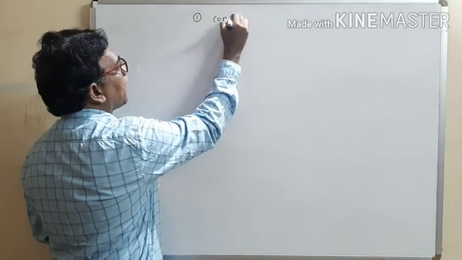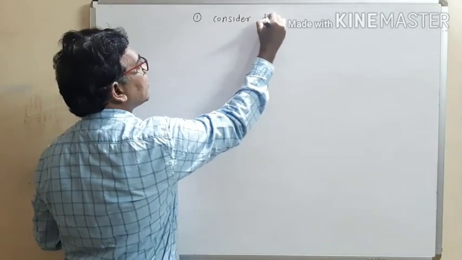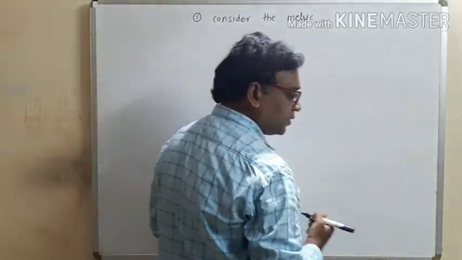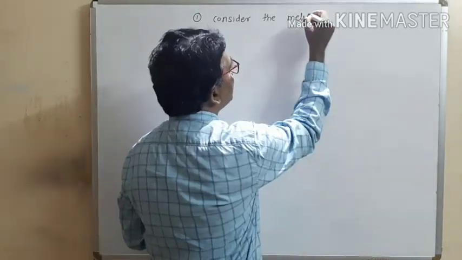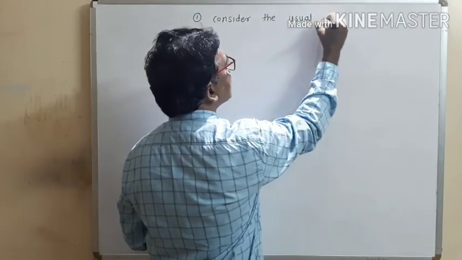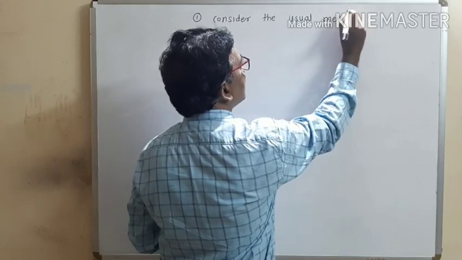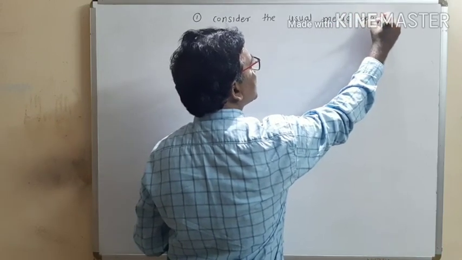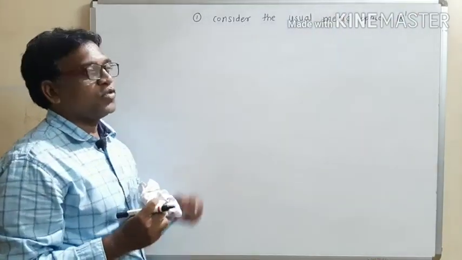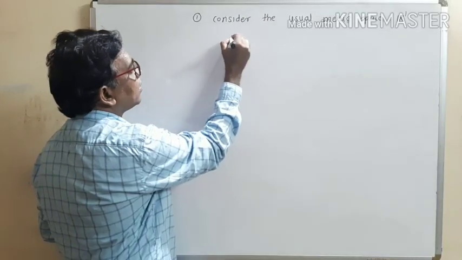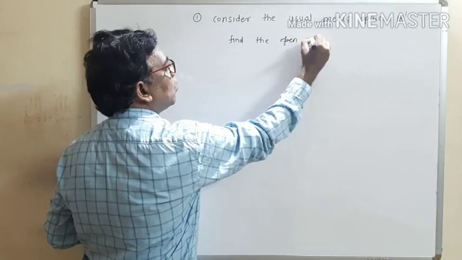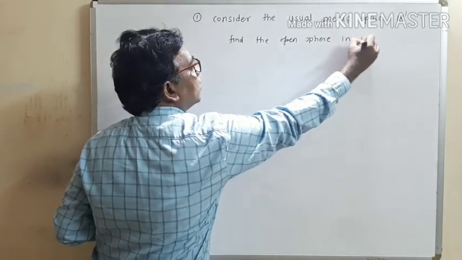Now consider the usual metric space, which we denote by R, and find the open sphere in the real line.